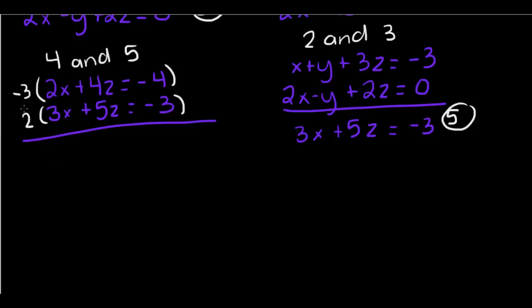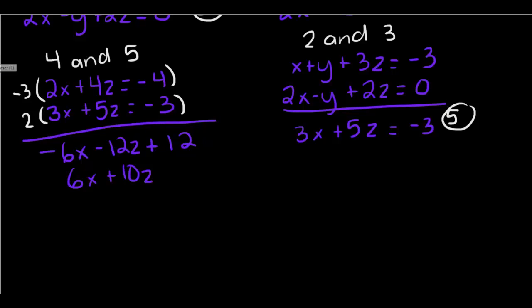So let's do that. -3 times 2x is -6x. -3 times 4z is -12z. And -3 times -4 is +12. Now we have 2 times 3x is 6x. 2 times 5z is 10z.